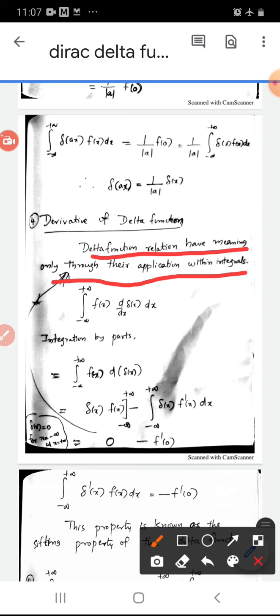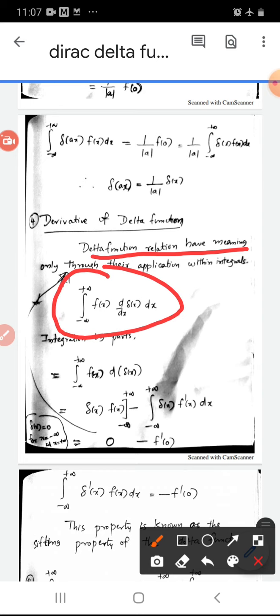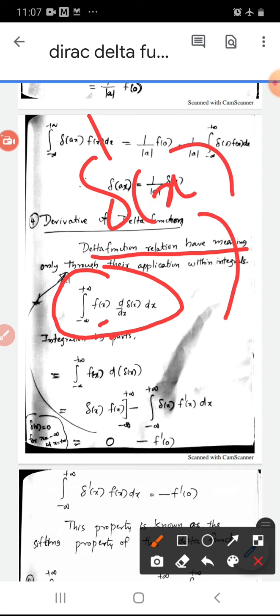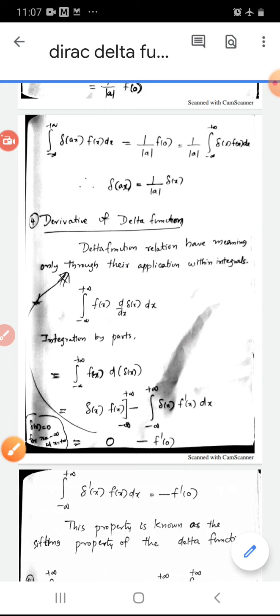Okay, so we can say here suppose I take integral from minus infinity to plus infinity f of x, the derivative of delta x, d by dx of delta x, which is taken as delta prime of x, delta prime of x dx. Okay, d by dx of delta x.